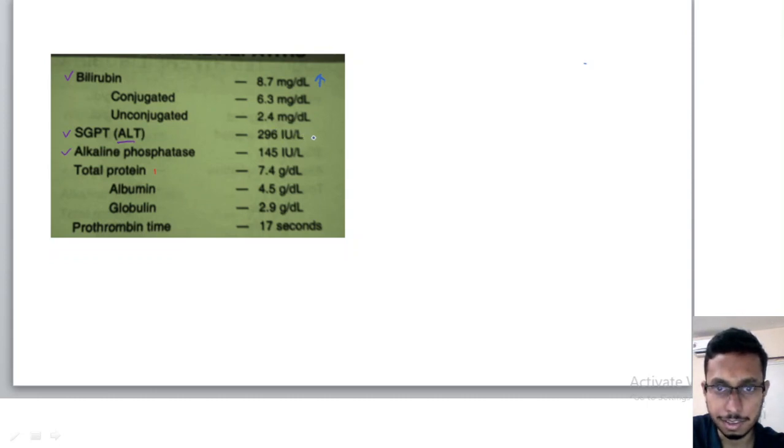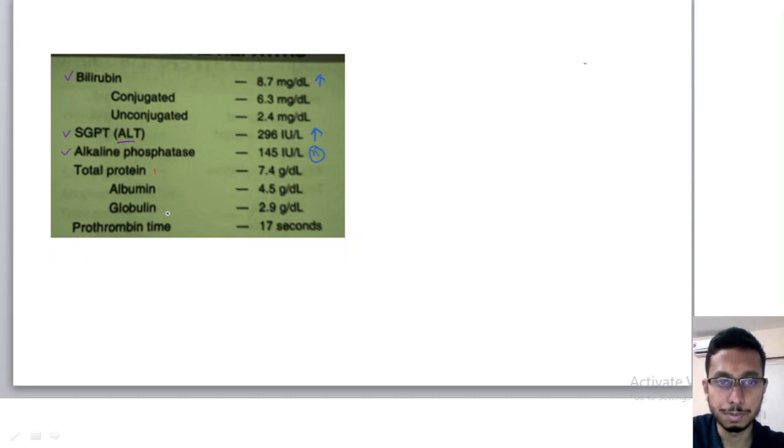ALT level is raised. ALP, although raised, is near normal, as the normal value ranges up to 140. Not strikingly raised, but ALT is obviously raised. As the normal value is 10 to 40, it is more than 5 times the upper limit of normal.